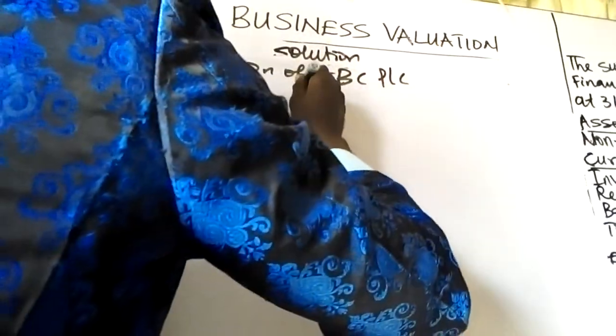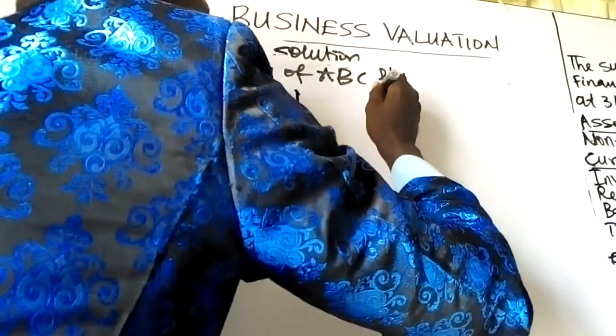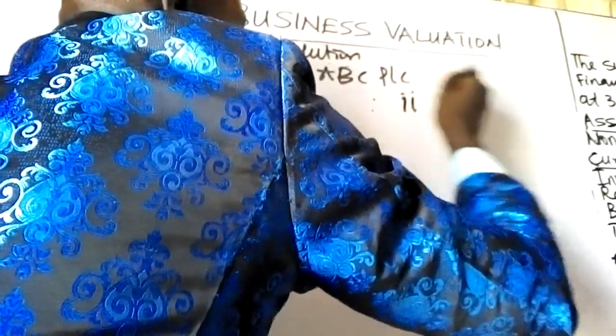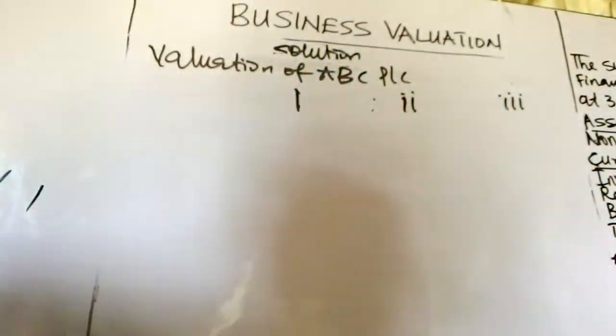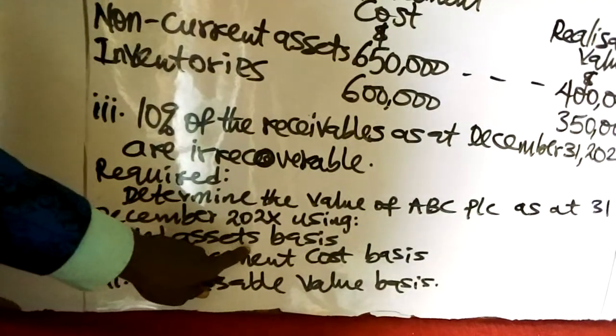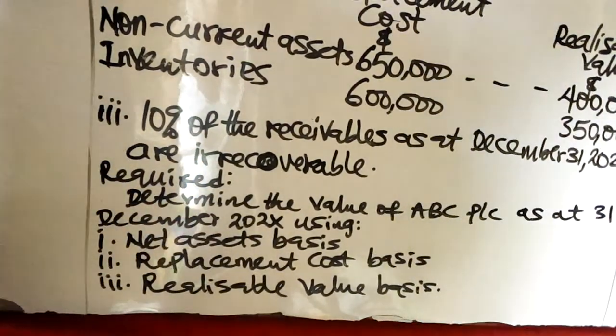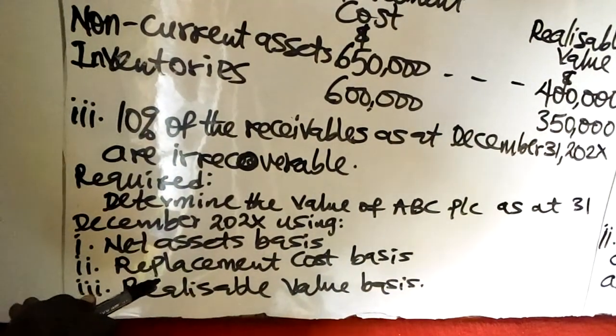We have 1, 2, and 3. Under 1, you have to use net asset basis.